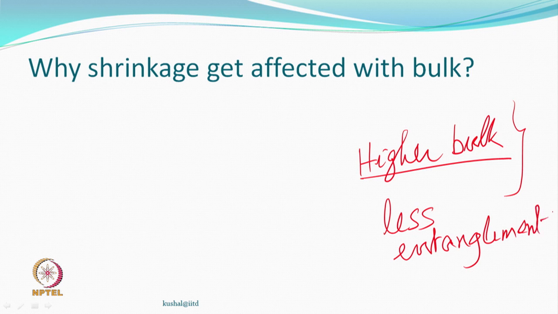That means the fibers are not making so much contact with each other, and if there is a fiber, let us say polyester in hot water, an individual fiber wants to shrink, then the fiber next to it or the filament next to it may not follow the same path. It may shrink on its own, but it would not force the other filaments to go along with it, and therefore, you may find that high bulk may not lead to high shrinkage. The shrinkage may be reduced.